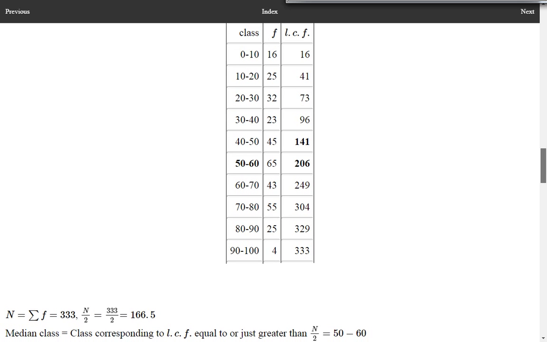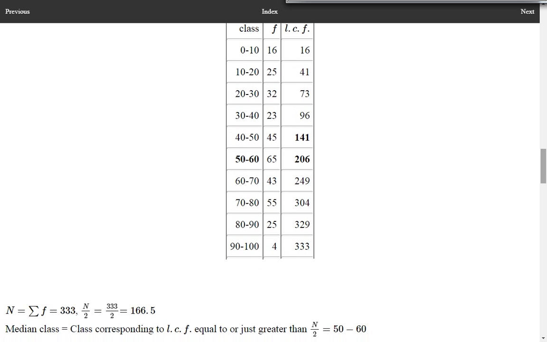Okay, so to find the median class, we have to find the value of n by 2. So what is n? It is the sum of all observations. To find the sum of all observations, we have to take the sum of all frequencies. But in this case, it is not necessary to find the sum of all frequencies, because the last less than cumulative frequency is nothing but the sum of all frequencies.